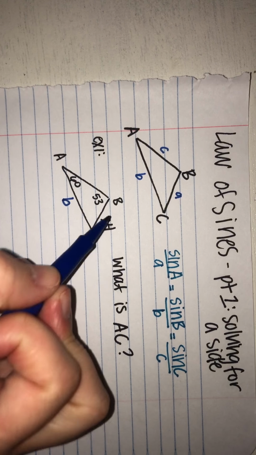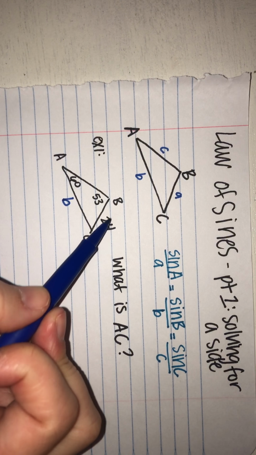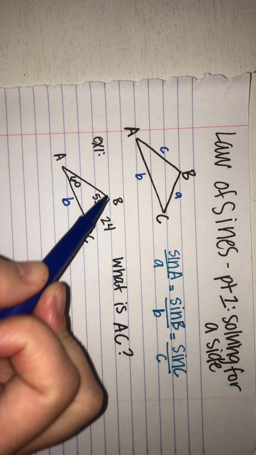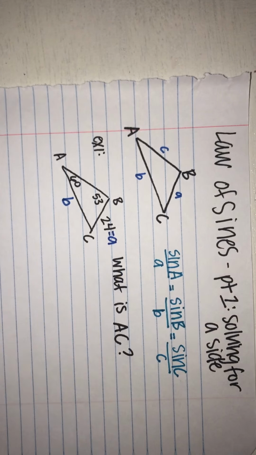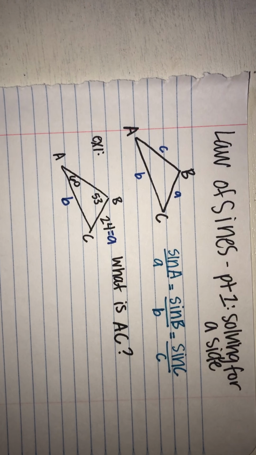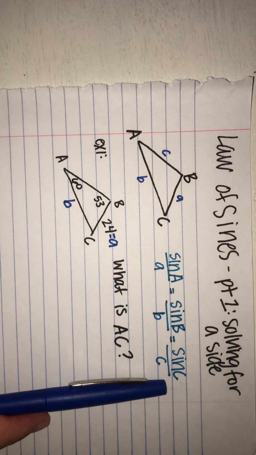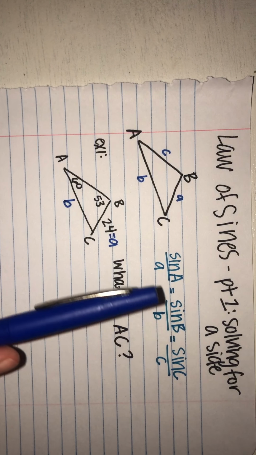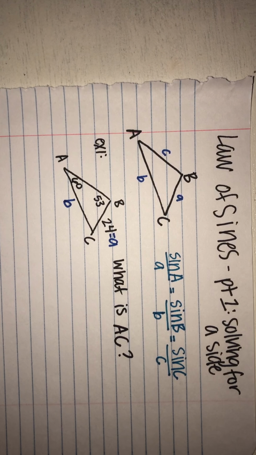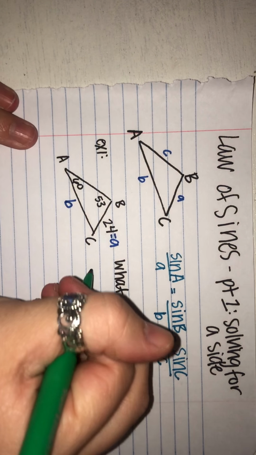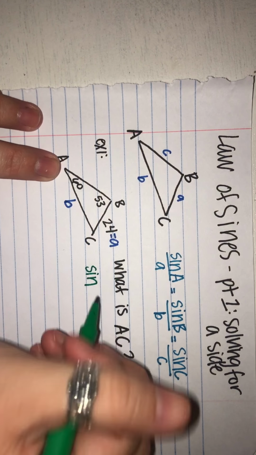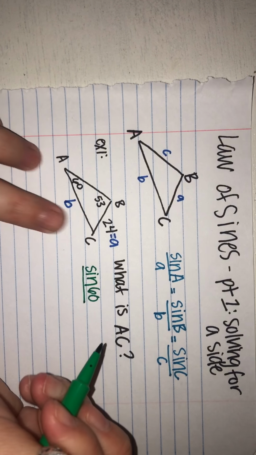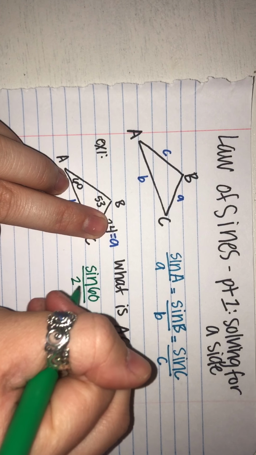I'm also given one other side. What angle is this side across from? A. Okay, so let's set up a ratio. Now we won't need all three of these ratios. We'll only need two of them to set up a proportion and solve the proportion. So we have sine of angle, let's say 60, over the side opposite, 24.